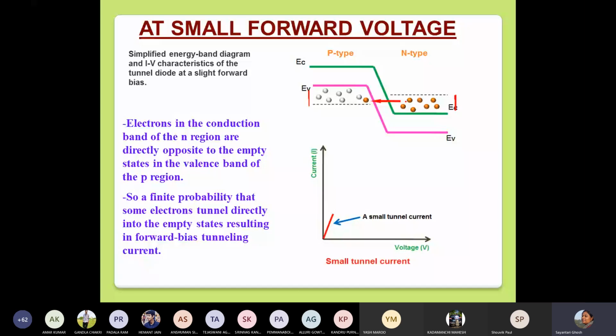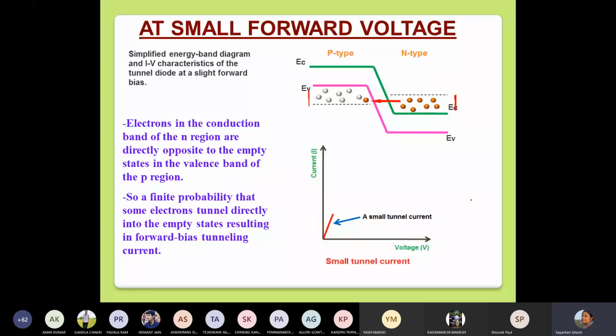They just tunnel through this barrier and go to the other side. These are the empty states, and these are electrons. So they are very interested to go and occupy those empty states. As soon as they can see each other, they tunnel through the small barrier present in between, and a small tunnel current starts flowing in the device. So a linear current starts increasing.